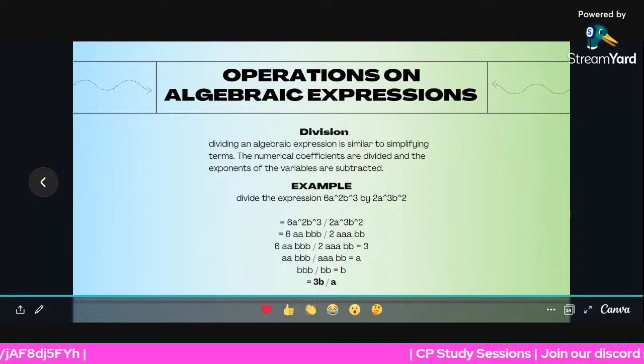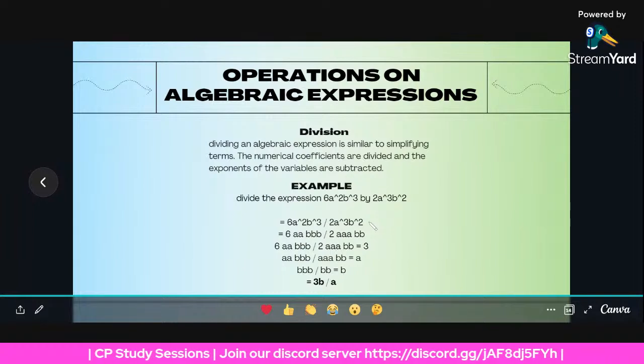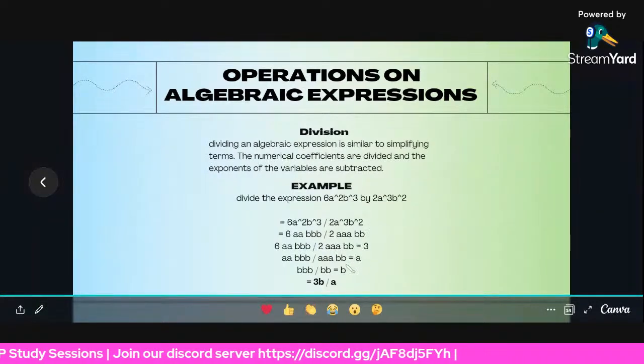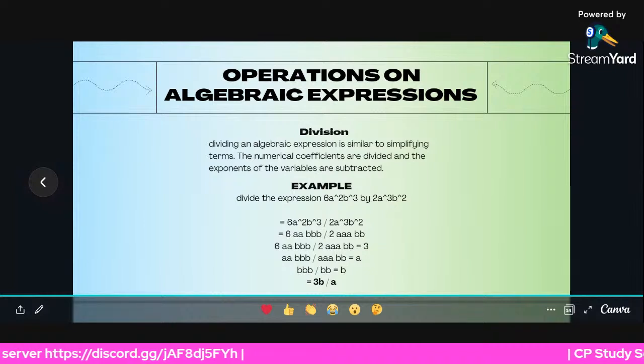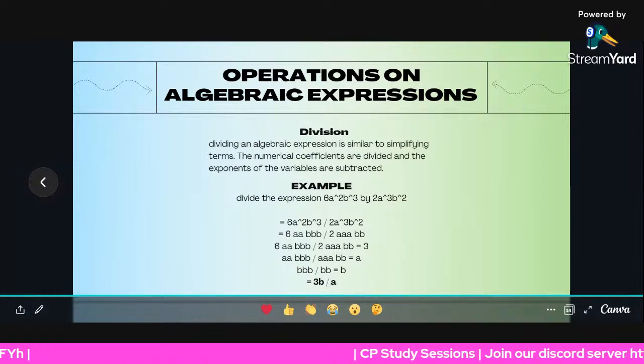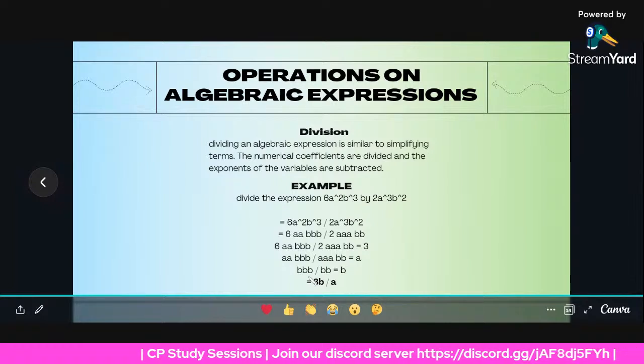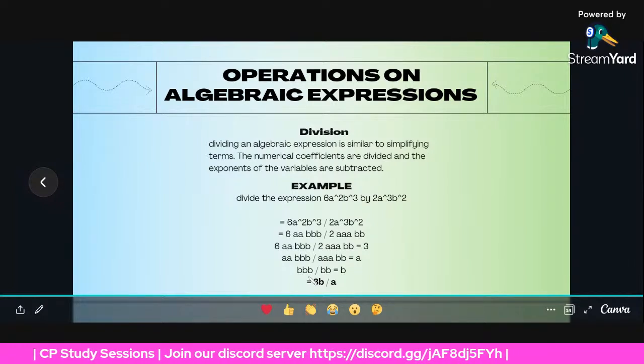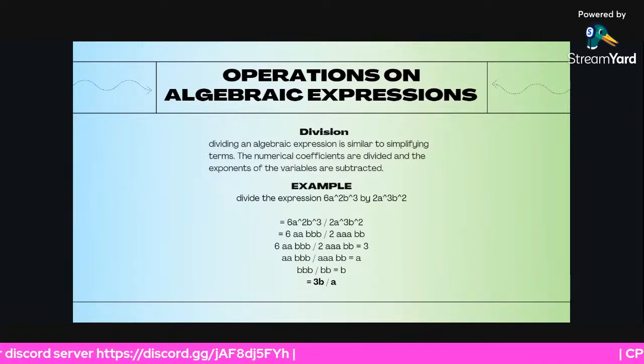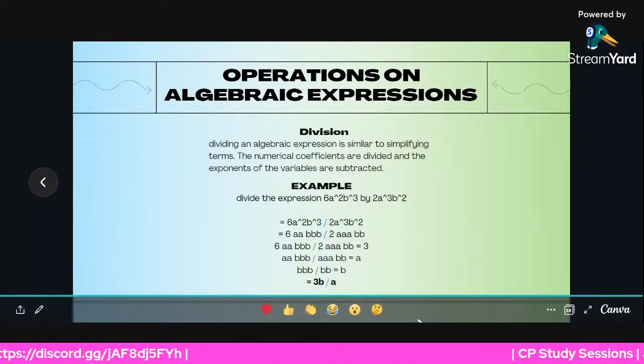Then yung b cubed minus b squared. So, as you can see, yung b is natira from the left side. Kaya nasa left side din yung variable natin na b. Kaya ang sagot natin, when you divide the expression 6a squared b cubed by 2a cubed b squared is equal to 3b over a. So, malinaw ba yon?